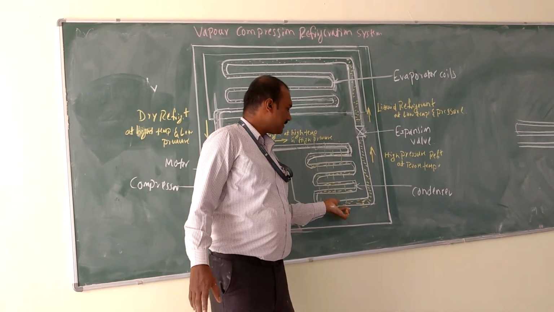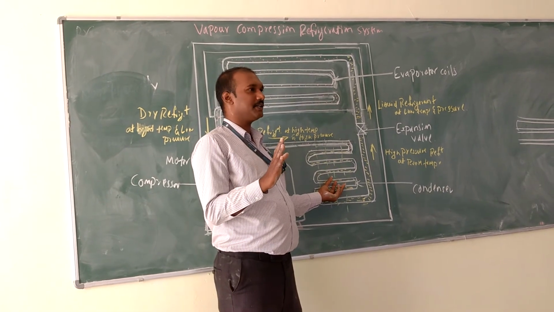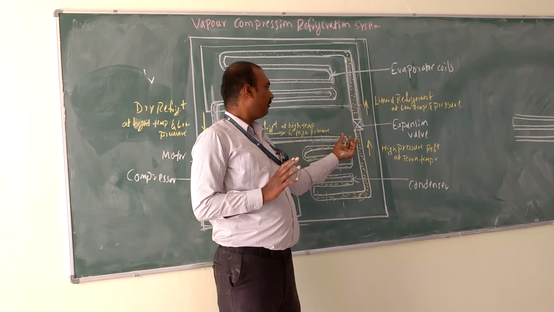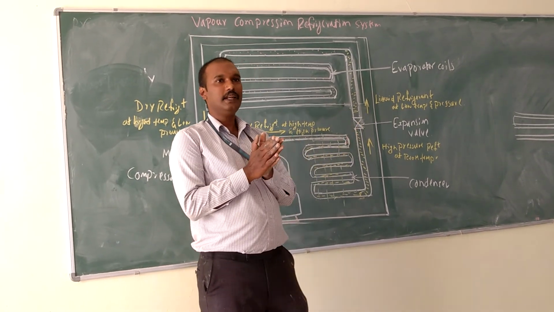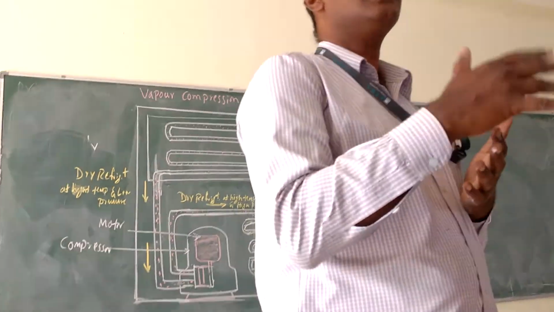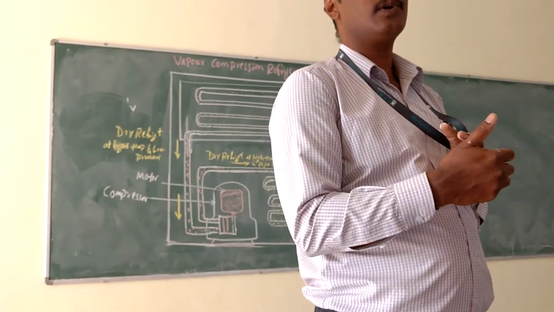Next, when it is exiting from the condenser, it becomes low temperature, high pressure liquid refrigerant. When it passes to the expansion valve, the pressure is reduced.